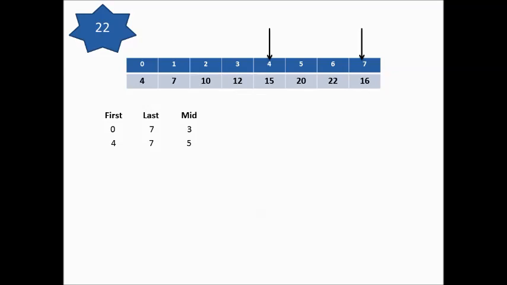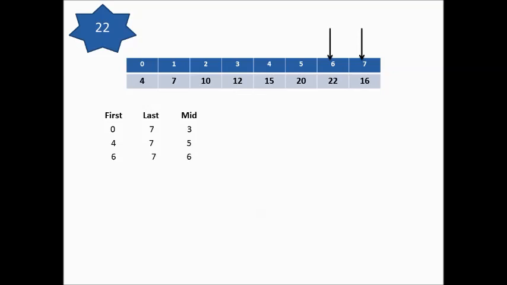So according to the binary search, what now happens is first must become mid plus 1. So first becomes 4, last stays 7, and how do we calculate mid? It's 4 plus 7 divided by 2, so mid is now 5. So we say, is 22 at position 5?